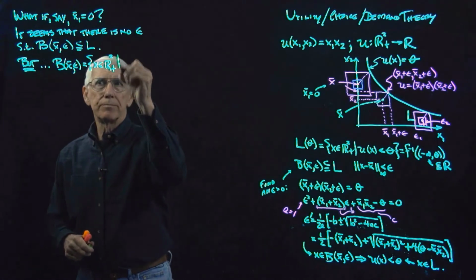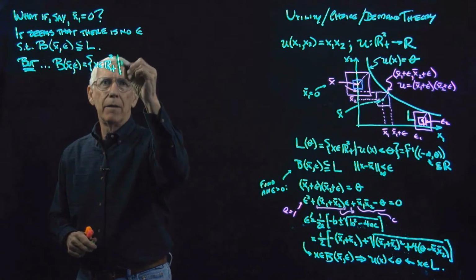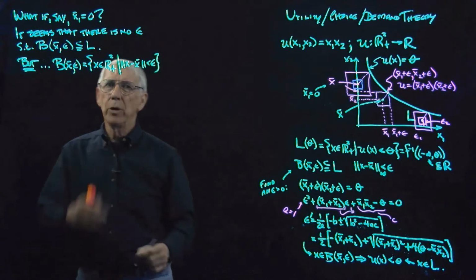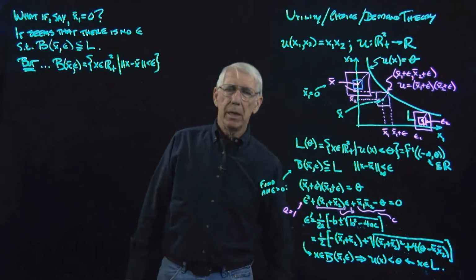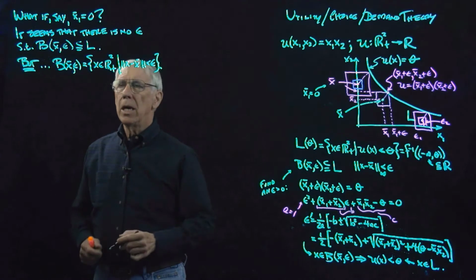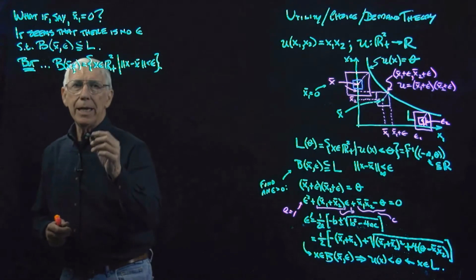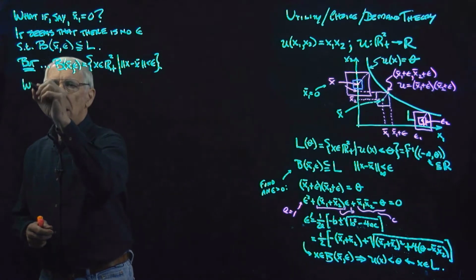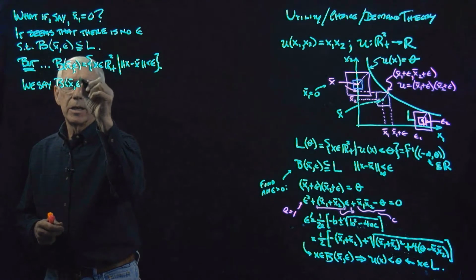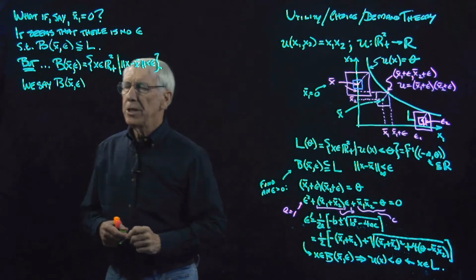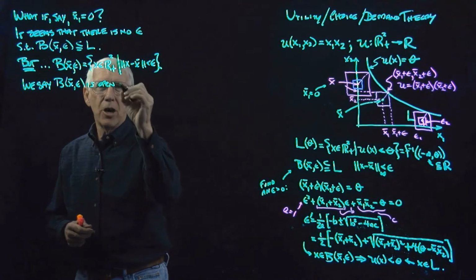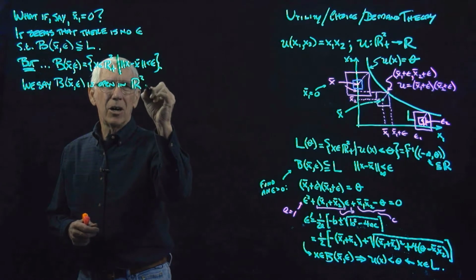balls. So this is such that the norm of x minus x bar is less than epsilon, whatever norm we're working with. We happen to be working with the max norm, so this is going to be the max norm. And so in this case, we say that this epsilon ball is open in R2 plus.